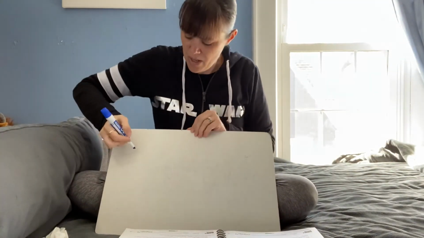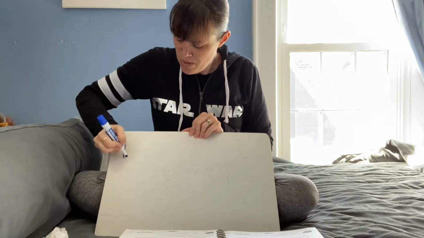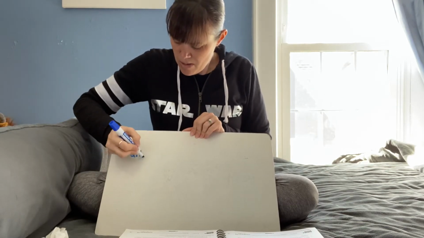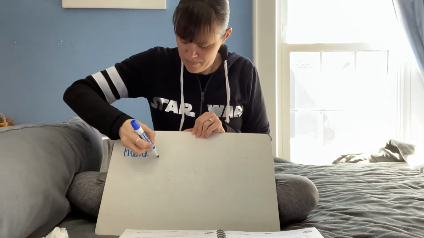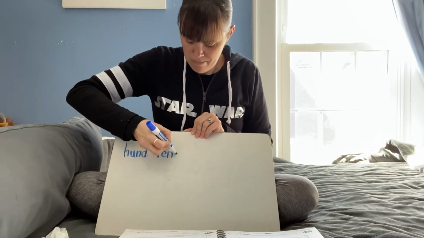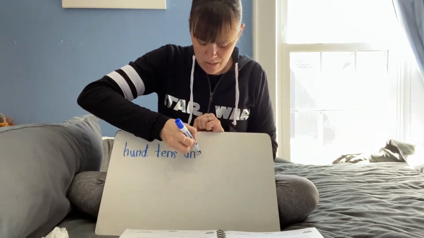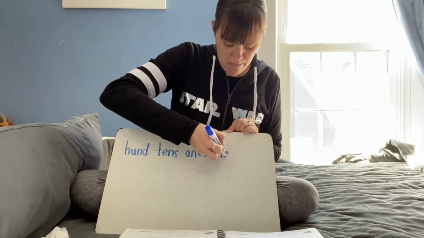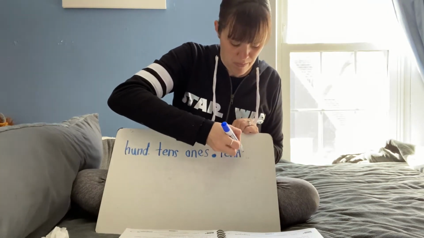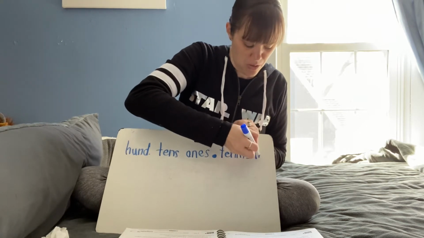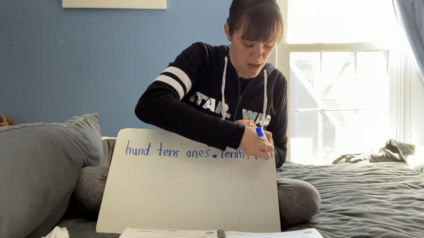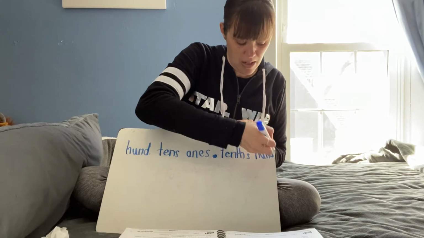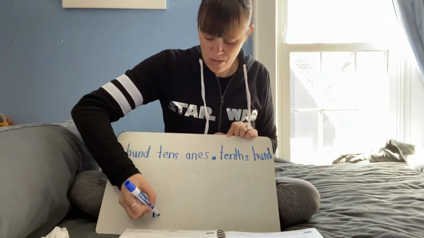Okay, I will do hundreds, tens, ones. Here's our decimal, and this is tenths, and this is hundredths. Now it's not hundreds, and I don't have enough room, but I'll write it down.